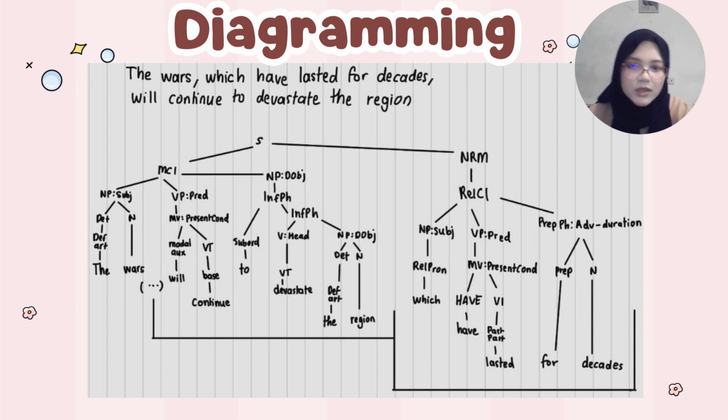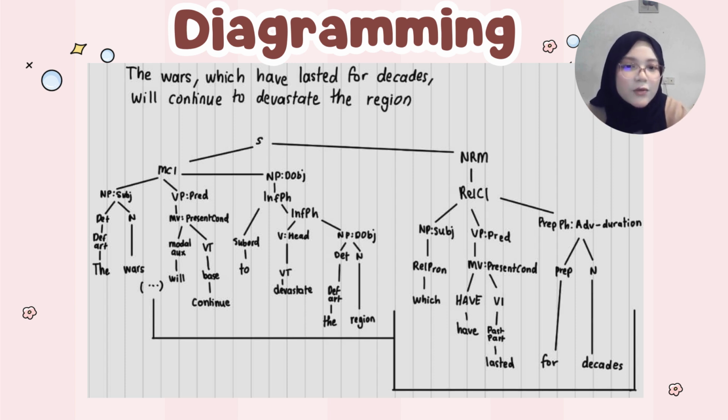And we will look into the second branch of the sentence, which is NRM, which stands for non-restrictive modifier. Under non-restrictive modifier, we put the type first, which is the relative clause. Under the relative clause, we break it down into three more branches.